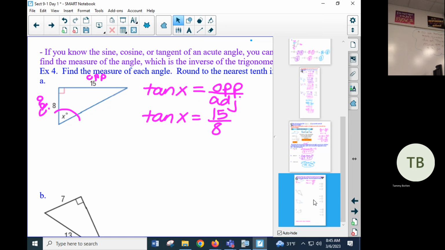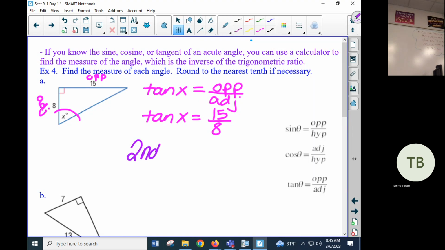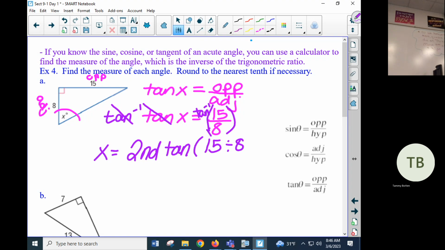You type in second tan, a parenthesis is going to come up, and you do 15 divided by 8. So basically you're taking inverse tan of both sides. Inverse tan and tan cancel, so you're left with X. And then over here to do inverse tan, I just type in second tan 15 divided by 8, which is 61.93 degrees.